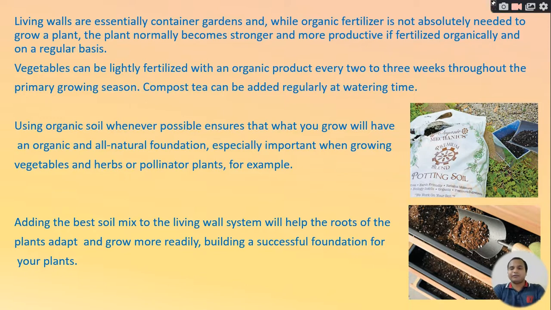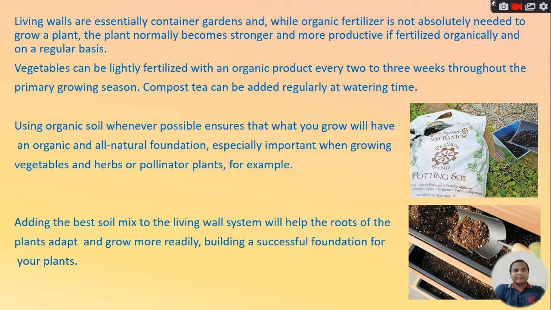Now we talk about the nutrient support system. Living walls are essentially container gardens, and while organic fertilizer is not absolutely needed to grow a plant, the plant normally grows stronger and more productive if fertilized organically and on a regular basis.